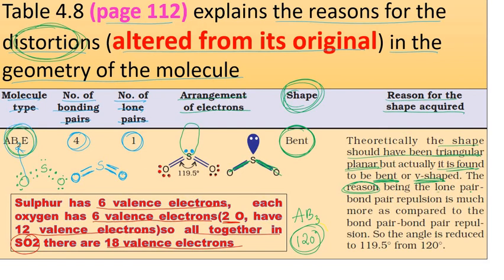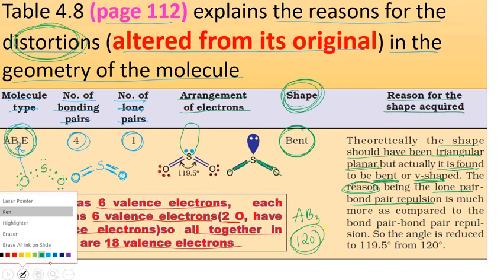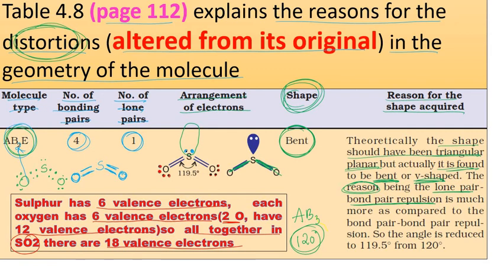The reason being the lone pair and bond pair repulsion. So this is the lone pair, and this is the bond pair. Here also a bond pair. The reason being lone pair bond pair repulsion is much more as compared to the bond pair and bond pair repulsion.